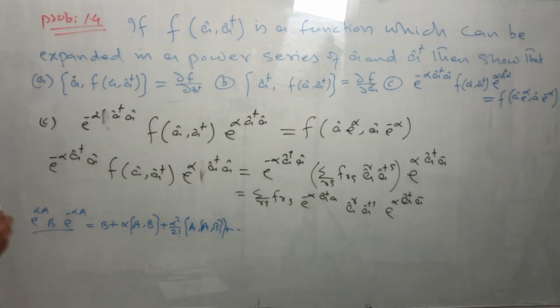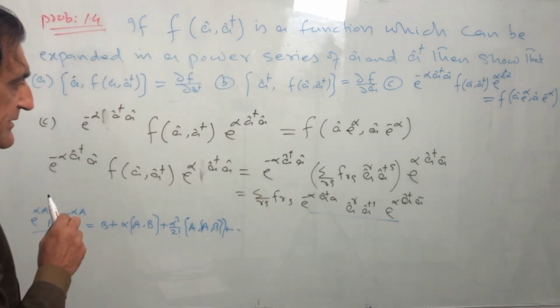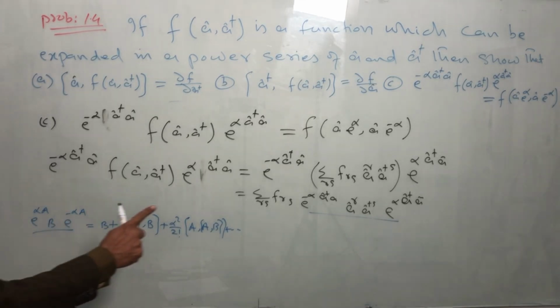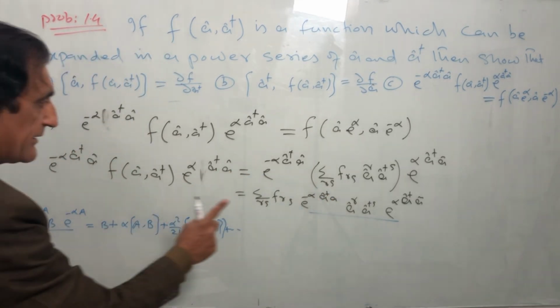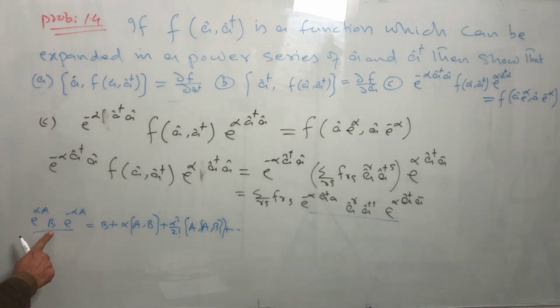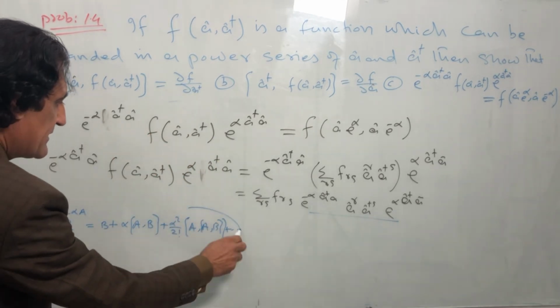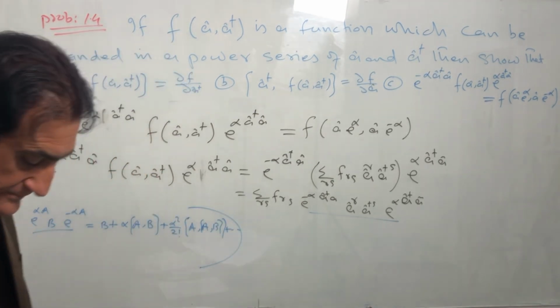So this relation remains the same, but only we have a dagger a equal to A, and a to the r a dagger to the s is B. So following the same formula, we can expand this.